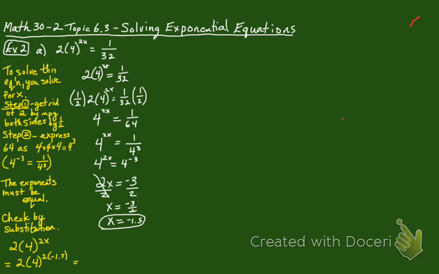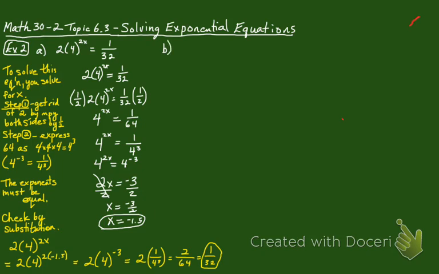That's 2 times 4 to the power of negative 3. 2 times 4 to the power of negative 3 would be rewritten as 2 times 1 over 4 to the power of positive 3, which is 1 over 64. 1 over 64 times 2 is 2 over 64, which reduces to 1 over 32. And that's exactly what the right side of our equation is equal to. So we verified it.